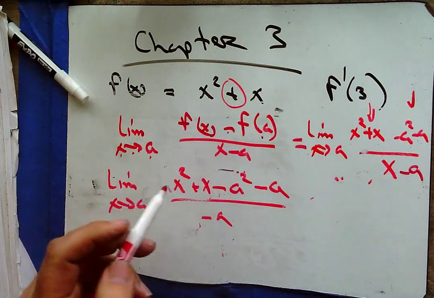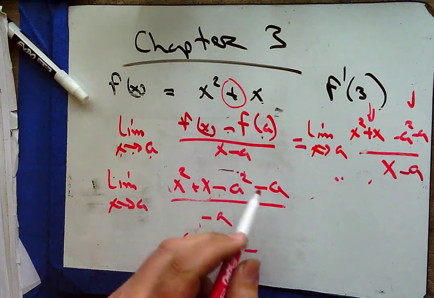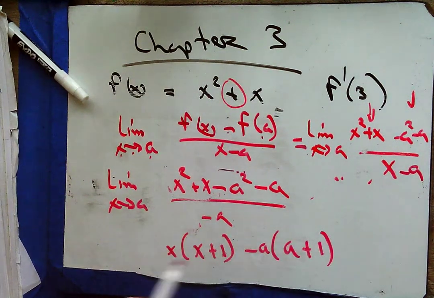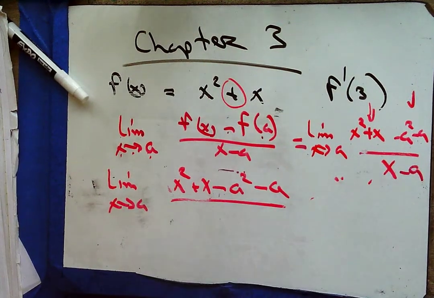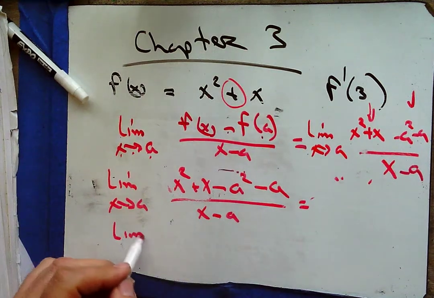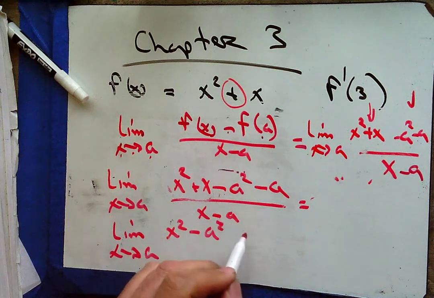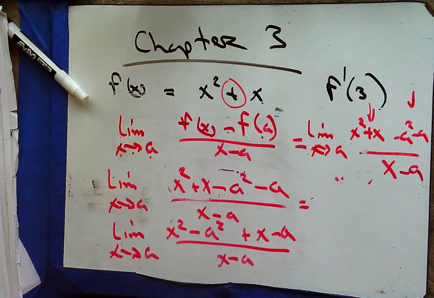Do I get anything? Well, I could take out an x and have x plus 1, and I could take out a minus a and have a plus 1. Yeah, that's not getting me anywhere, because I don't have any like terms there. So what I did before was the limit as x approaches a of x squared minus a squared plus x minus a over x minus a.